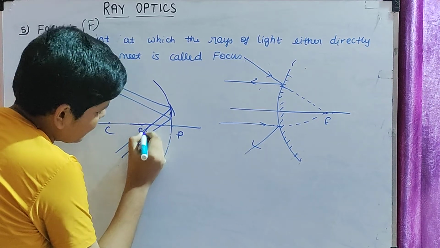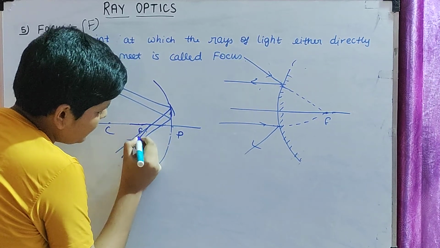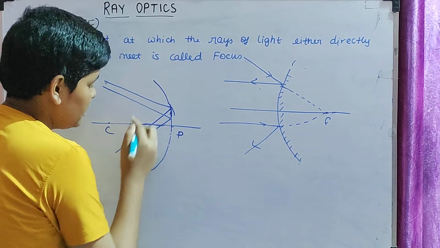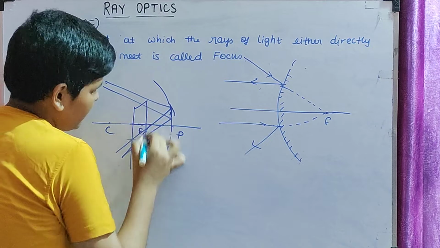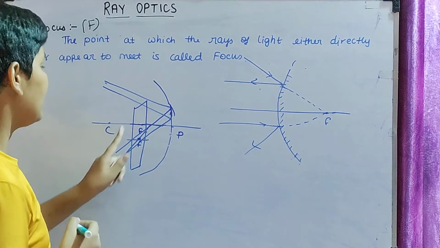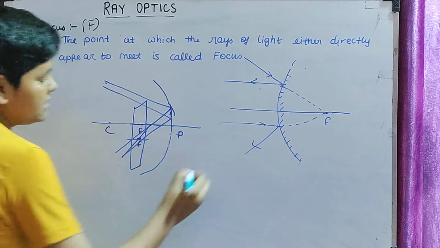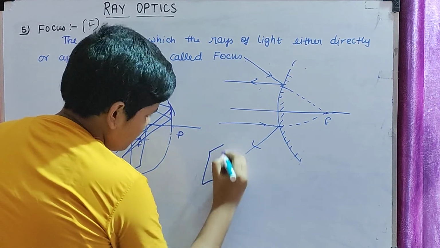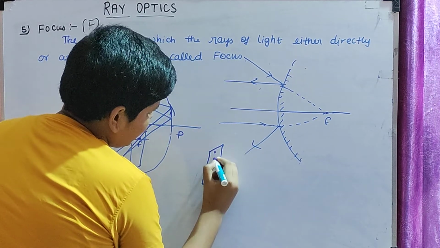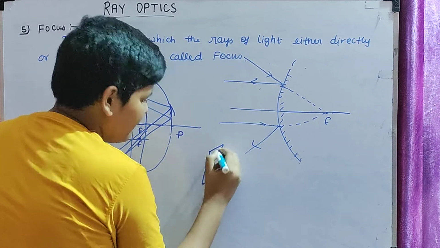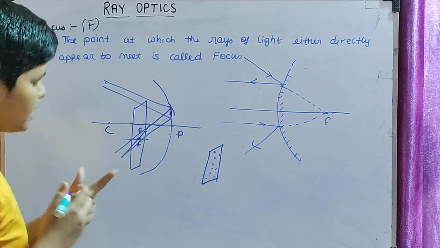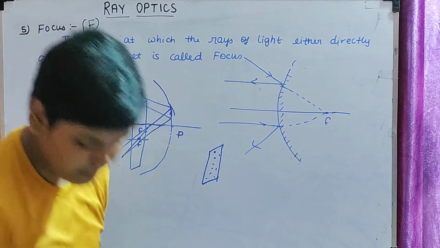They both will, at least at one point, intersect each other. That one point is called focus. So we can say that all the focuses or foci lie in the same plane. So this will be one plane. In this plane, anywhere the focus will lie, but it will be only one small plane in that the focus will lie. That is the focal plane.